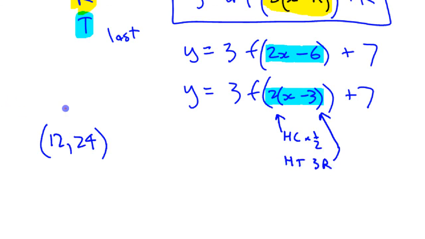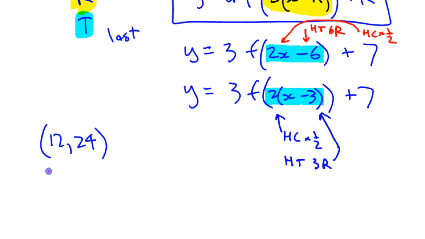Up here, and this has to be in that reverse order, this is a horizontal translation of 6 to the right, followed by a horizontal compression by a half.